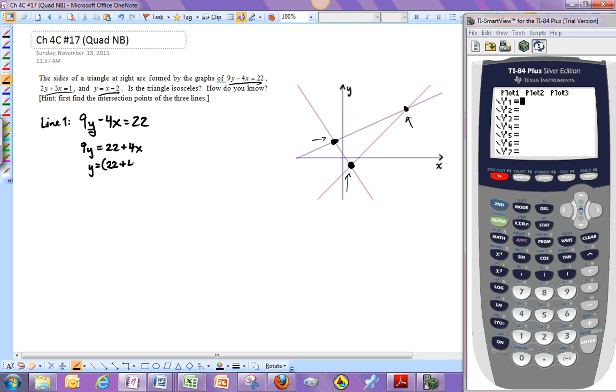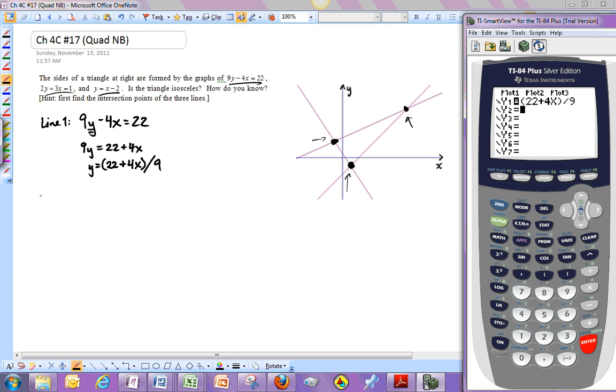I'm just going to put the whole top in parentheses and then divide it all by 9. So there's line 1. Y equals, I'll come over to my calculator, 22 plus 4x. Now I've got to put the top in parentheses, so I'm going to come back over to the front and insert a parenthesis and divide by 9.